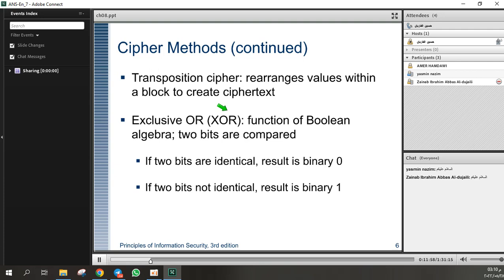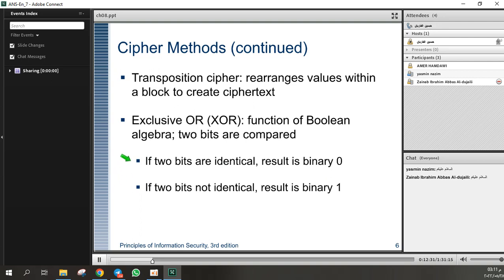We know that in XOR, if we input two identical bits, for example two 0s or two 1s, the result is 0. But if the two inputs are not identical, for example one of them is 0 and the other is 1, the result would be 1.